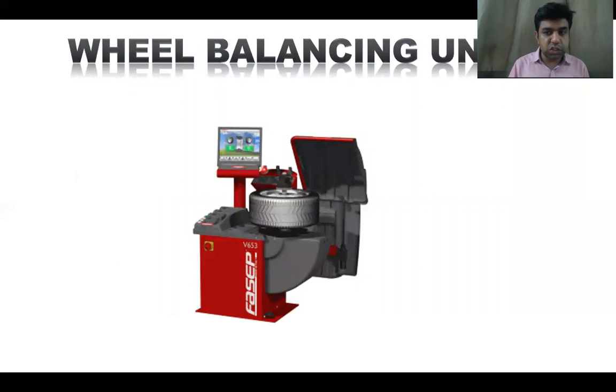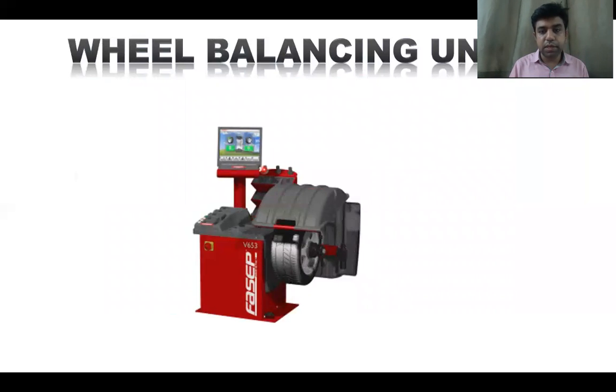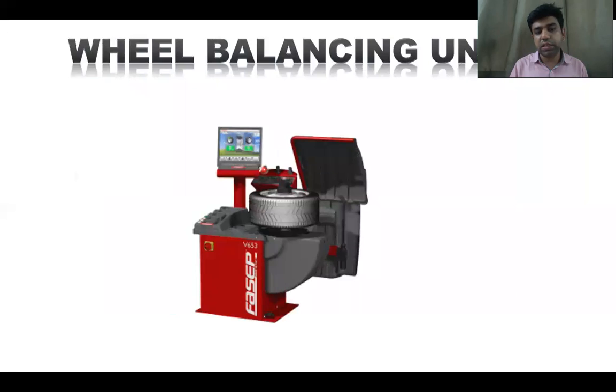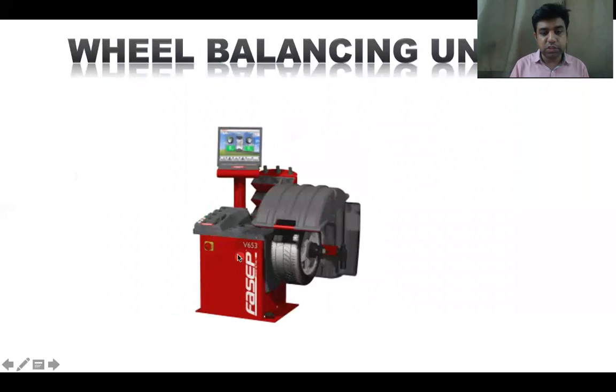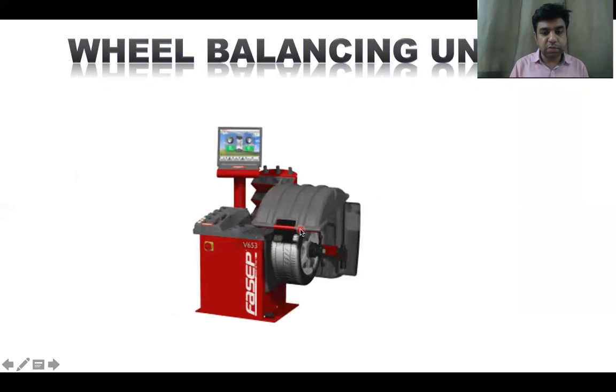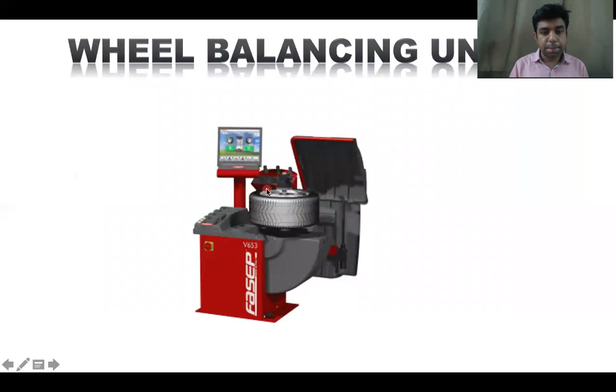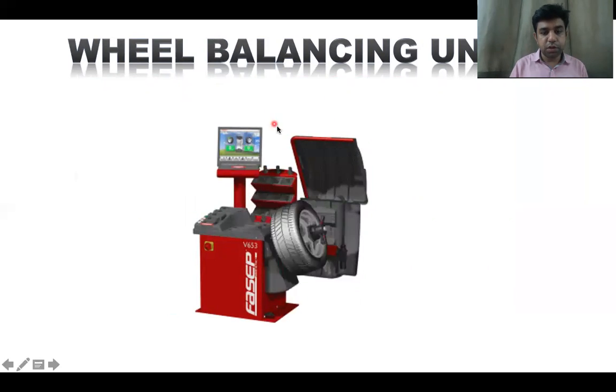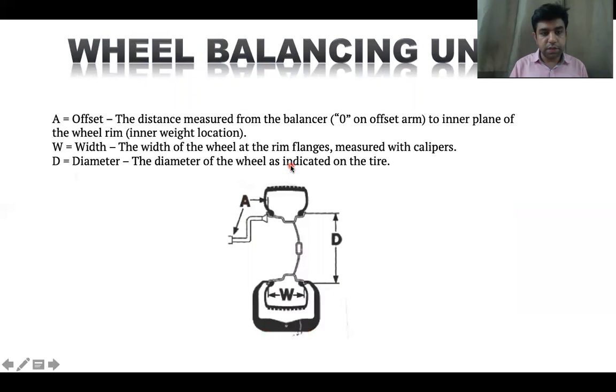Now let us understand how to remove the imbalance produced inside this wheel. First of all, we have this kind of wheel balancing unit onto which you need to attach the wheel. How you can attach it, I am going to discuss right now. While attaching the wheel, we are asked for three different data.